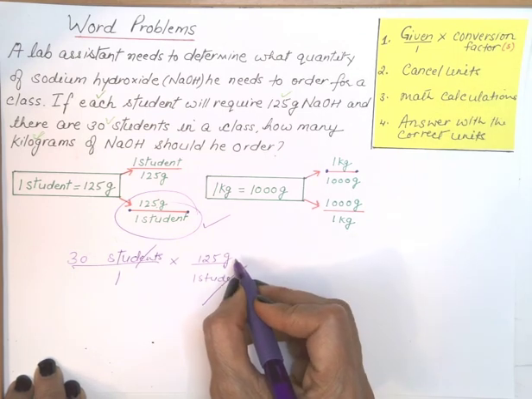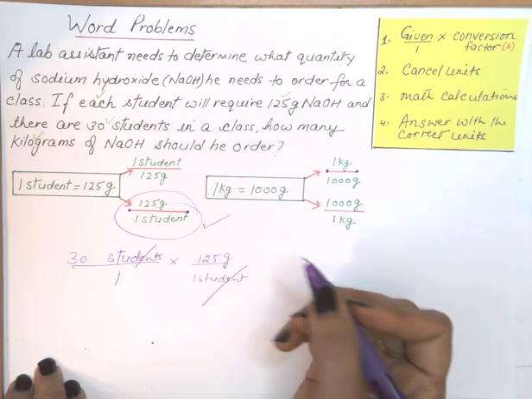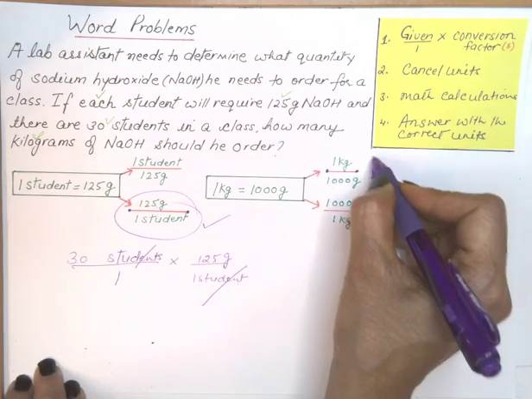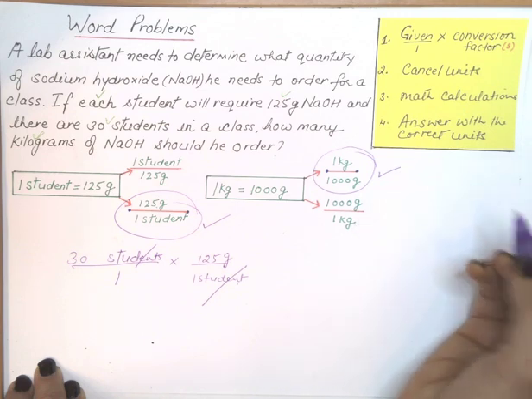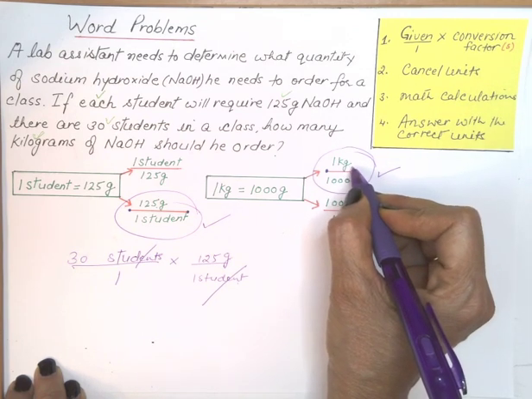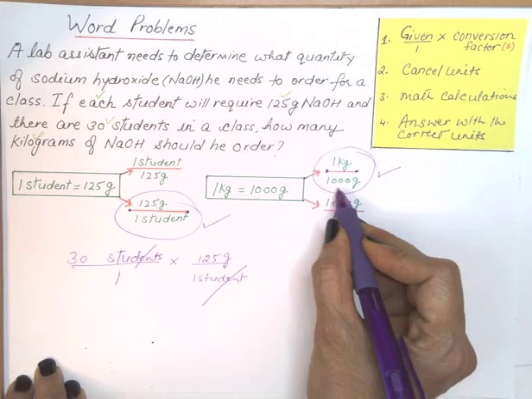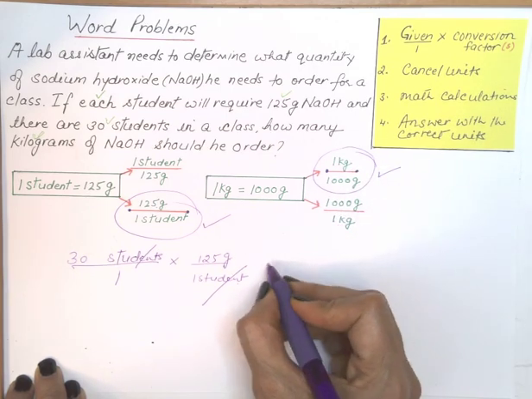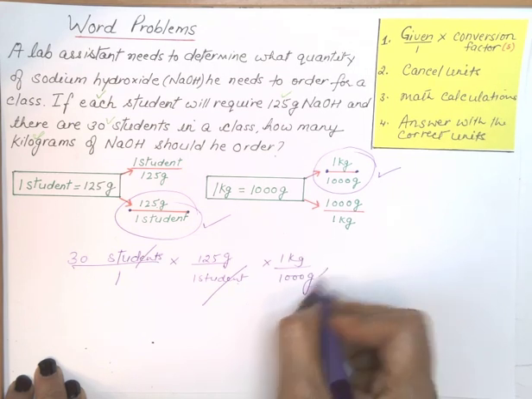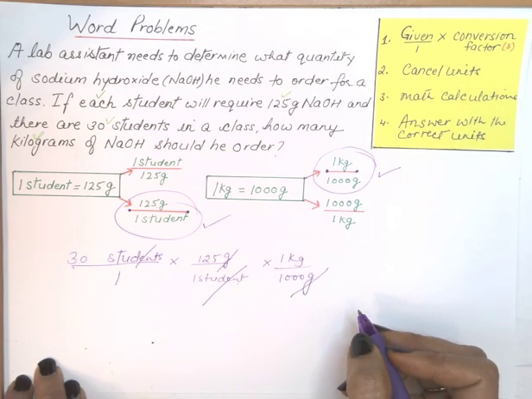Again, I'm not going to stop here since I have to find my answer in kilograms. So I'm going to convert this grams to kilograms, and this is the conversion factor I should use because this has kilograms at the top. My desirable unit is at the top and the unit I want to cancel out is at the bottom. So here you go, 1 kilogram has 1000 grams, so grams and grams get cancelled out.